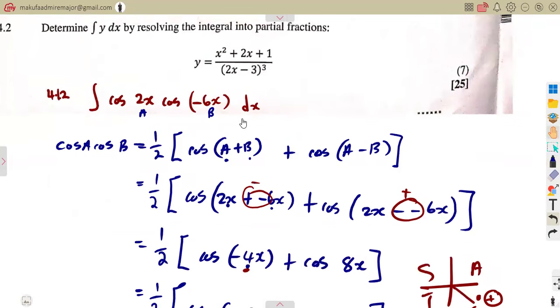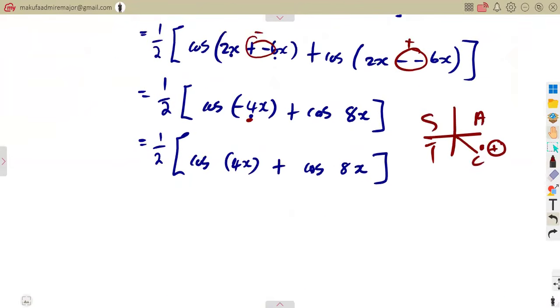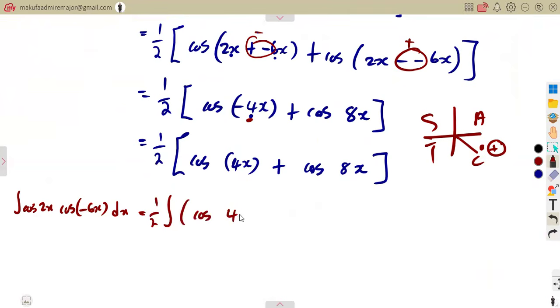So this whole part that we are seeing in our integral, that is the integral of cos 2x, cos minus 6x with respect to x, can now be written as the integral of this. You can even take the half out of the integral. We remain with the cos of 4x plus the cos of 8x with respect to x.